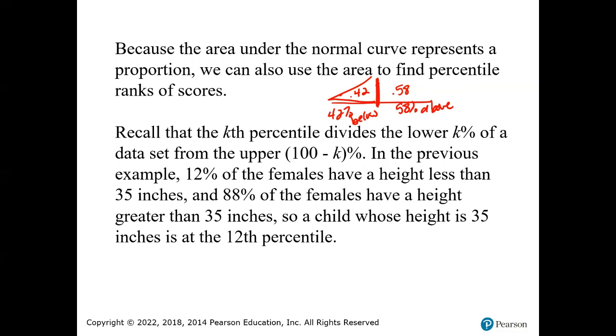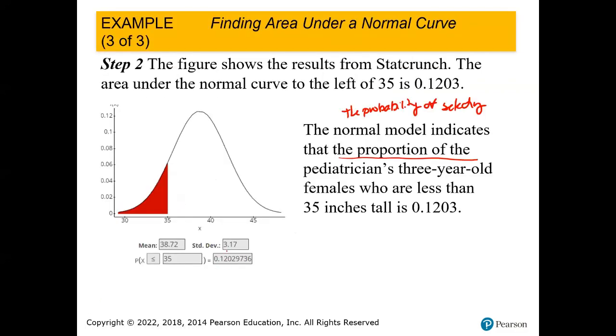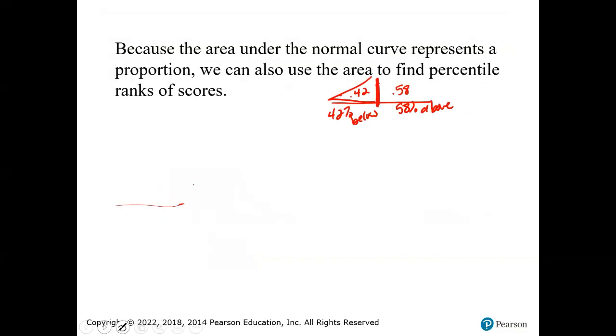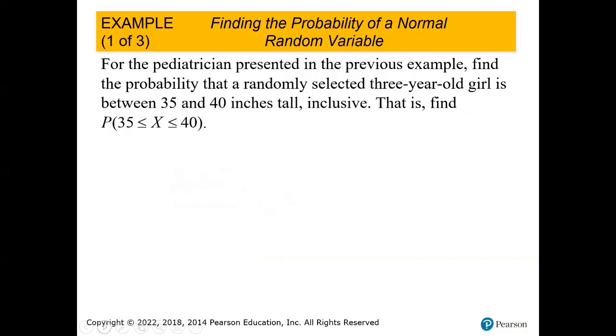So in this case, 12% of the females would have a height less than 35 inches, and the remaining 88% would be greater. Because our value here was 0.12, 12% are below 35 inches, and 88% are above. So there are lots of different ways we can write interpretations and pick out that information.